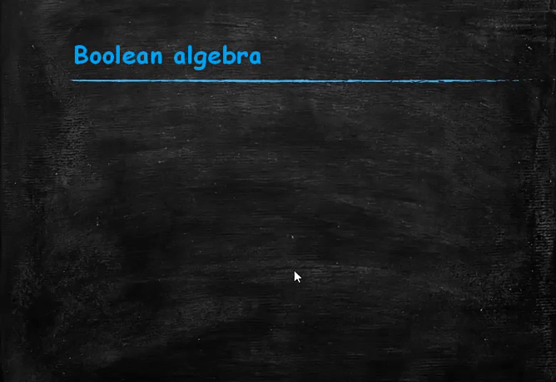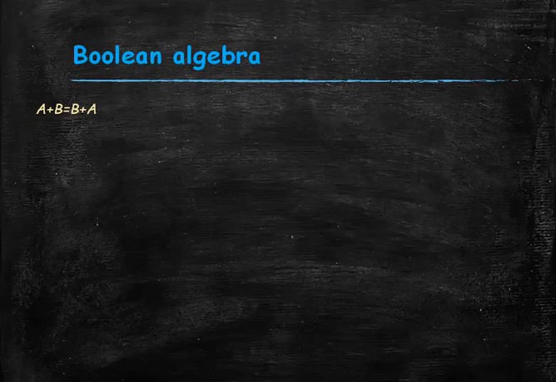Now, we're going to look at the theorems. We know that A or B is equal to B or A, and its dual form AB is equal to BA.